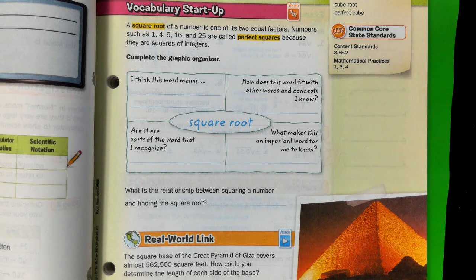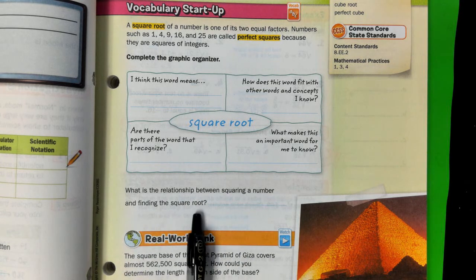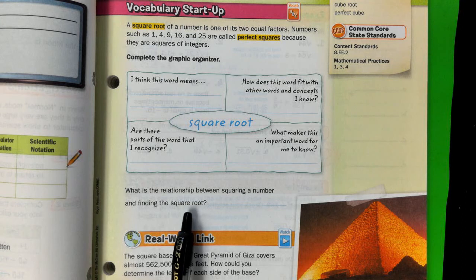When you take the square root of the number, you are providing the perfect square that multiplies together to give that number. What is the relationship between squaring a number and finding the square root? They're the opposite, opposite sides of the same coin. 4 squared gives me 16, and then the square root of 16 is 4.